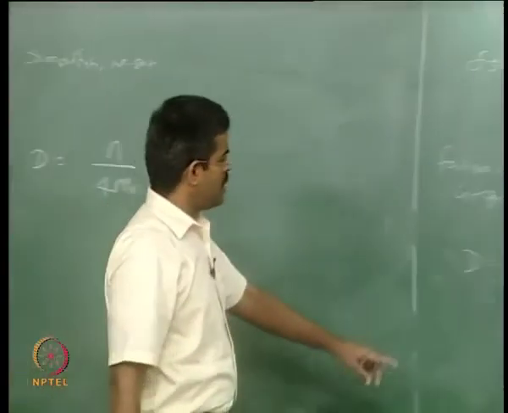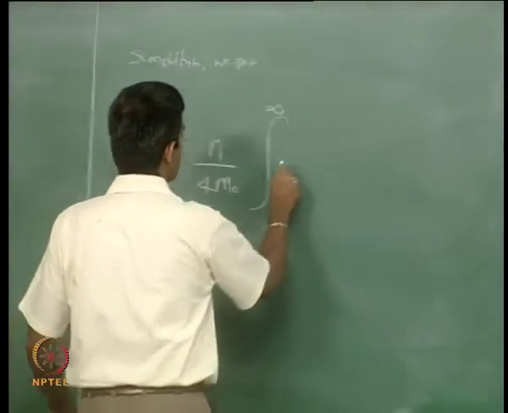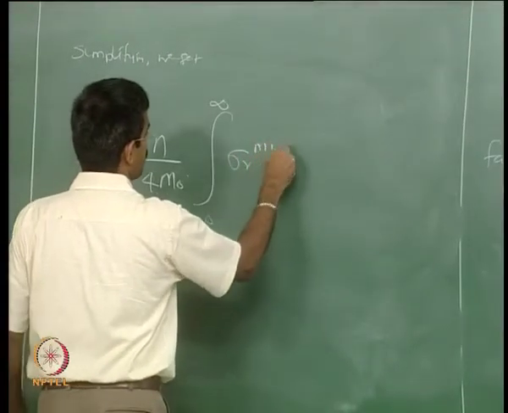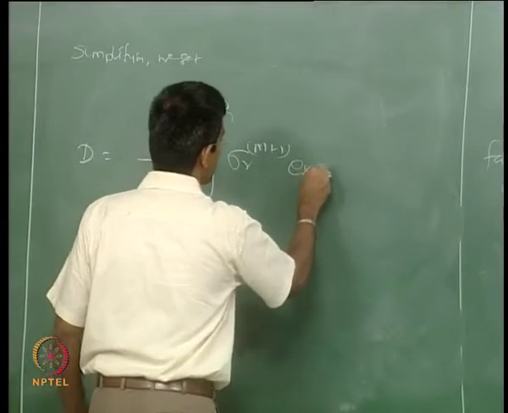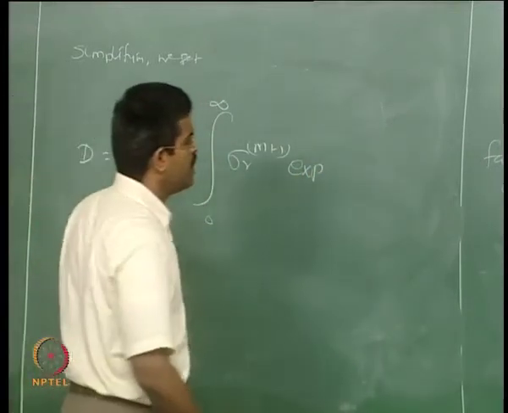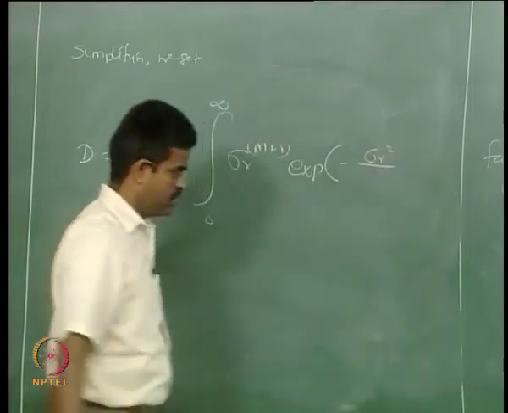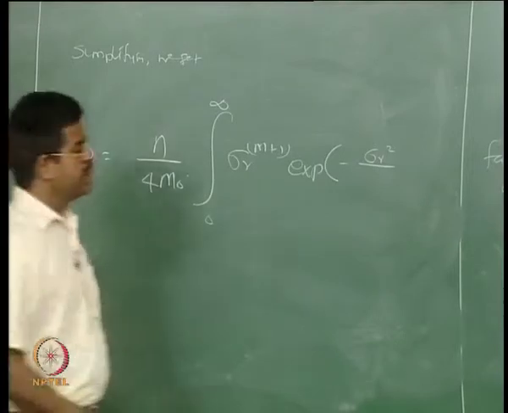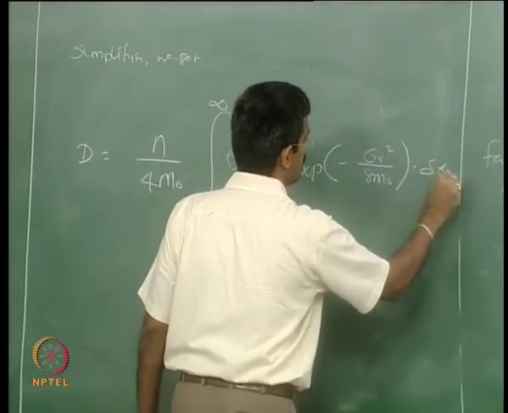So I have sigma r here, I have sigma r of minus m here, I can say sigma r of m plus 1, then exponential of minus sigma r square by 8 m naught, d sigma r.